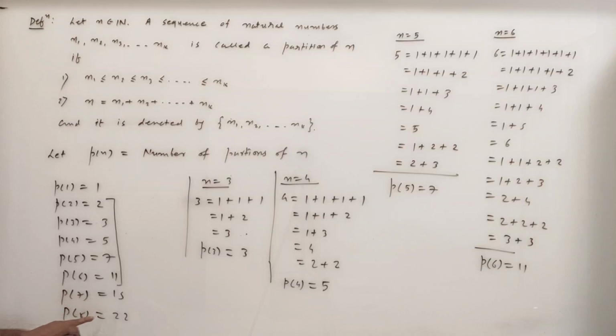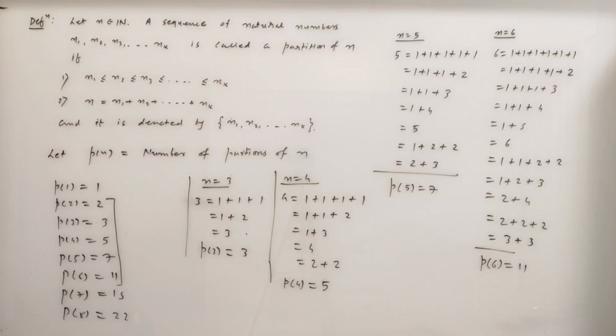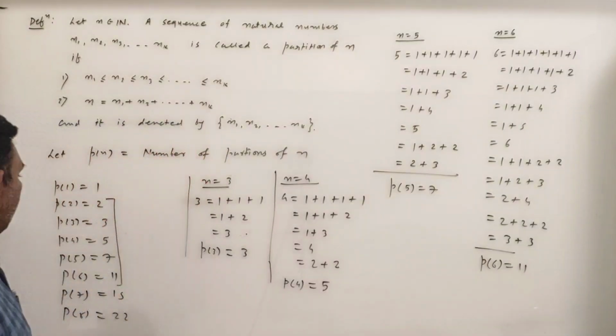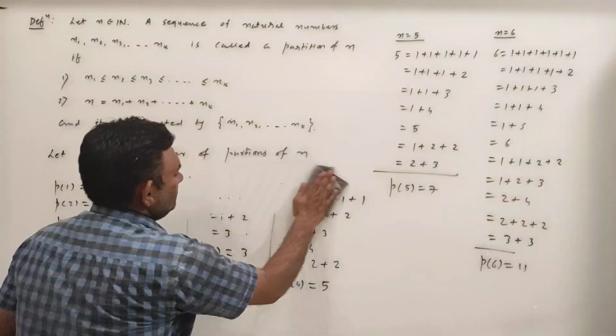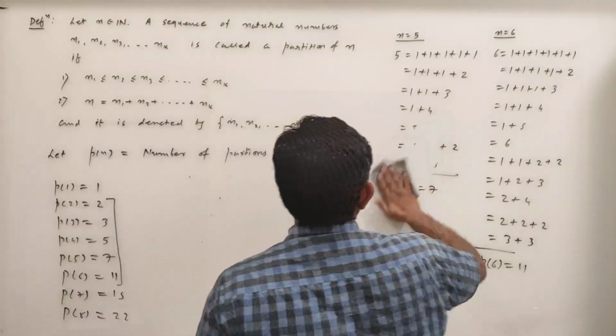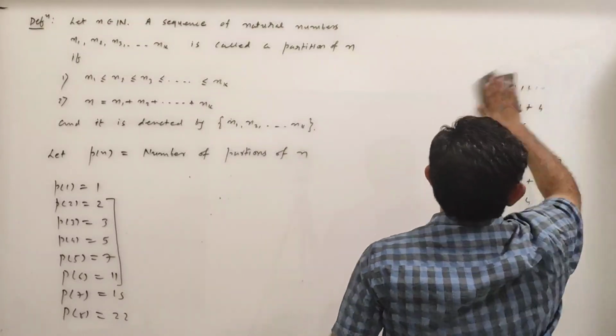And P7 is 15 and P8 is 22. So you just remember up to 1 to 8. We need up to 8 only. We will not require more than 8. So this is what partition of a positive integer is.